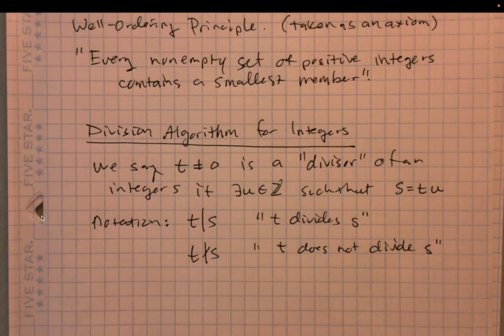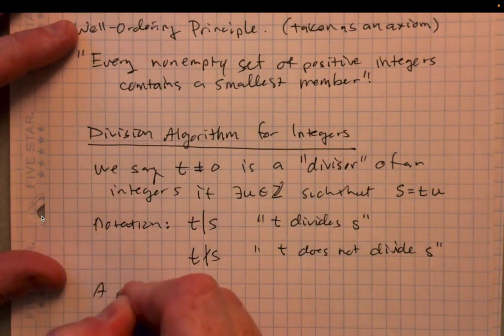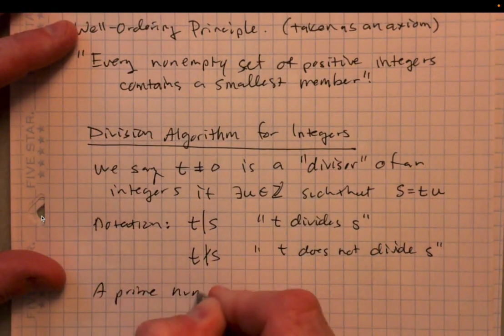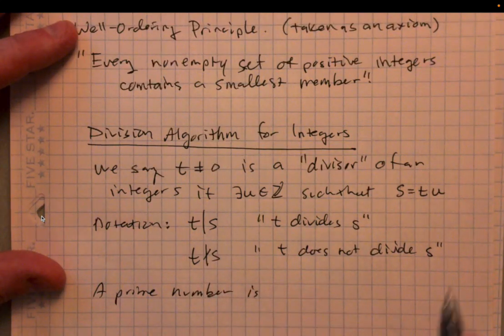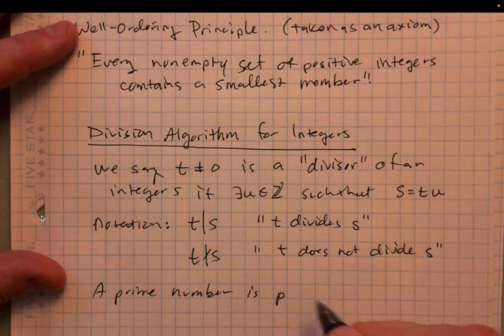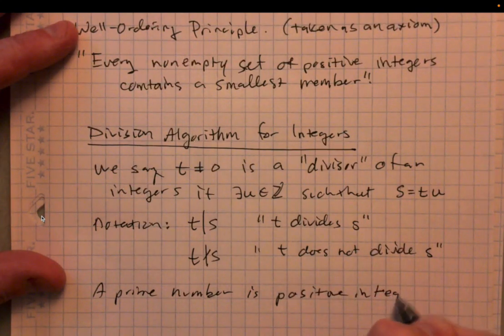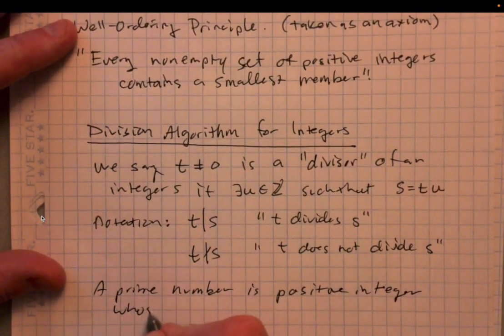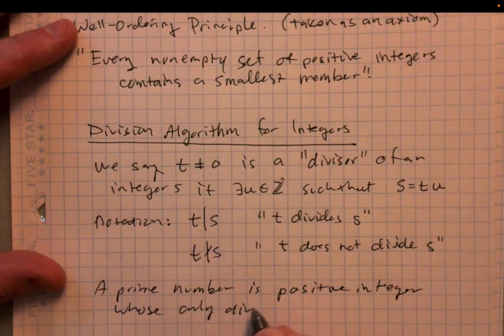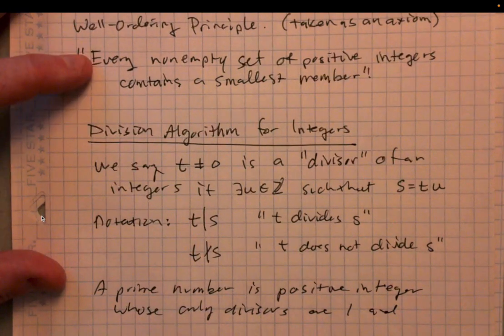Okay. And so a prime number would be a positive integer whose only divisors are 1 and itself. A prime number is a positive integer, we know that, and its only divisors are 1 and itself.